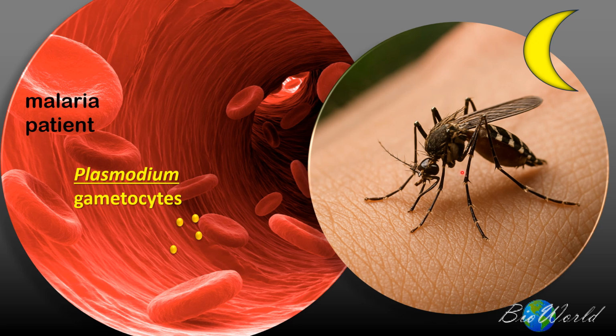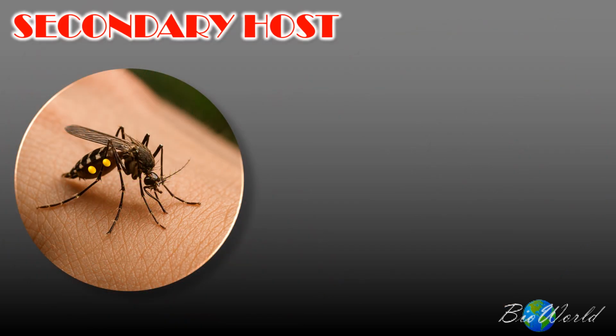So as you understand, when mosquitoes bite, they suck in the blood, and along with the blood go in the Plasmodium gametocytes. Now, when these gametocytes sit in the stomach of the Anopheles mosquito, reproduction happens. Since reproduction happens in the mosquito, it is considered the secondary host.